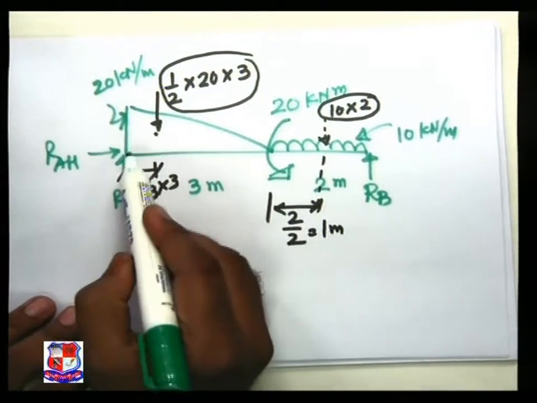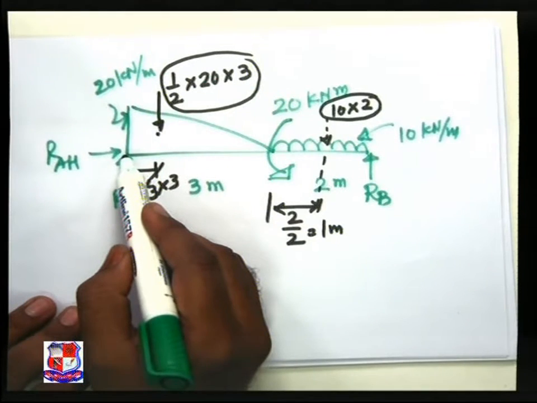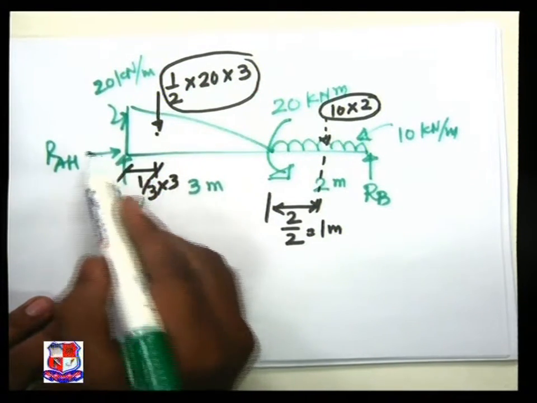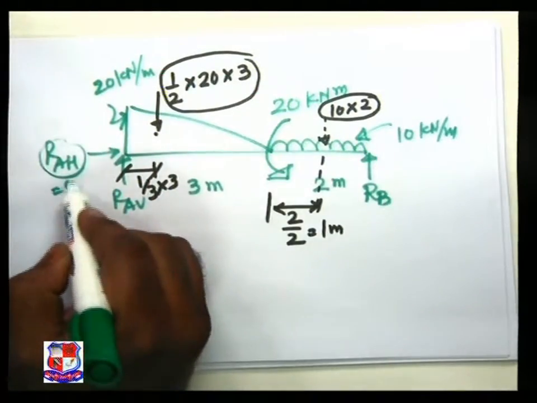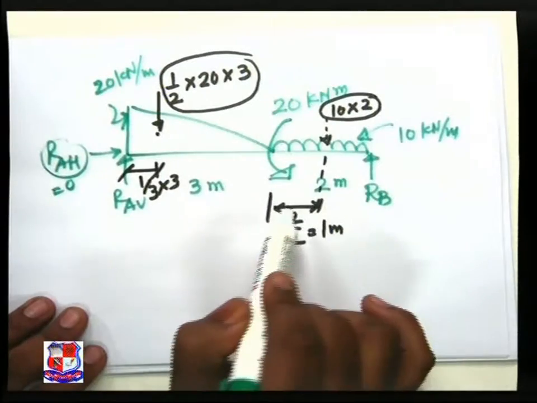Now let us take moments. Before taking moment, let us start with the first one, that is sigma H is equal to 0. Definitely RAH comes to be 0 because there is not a single horizontal force acting on this particular system.